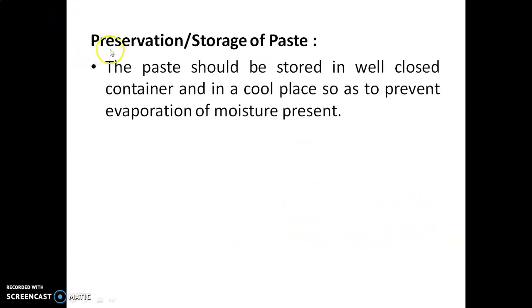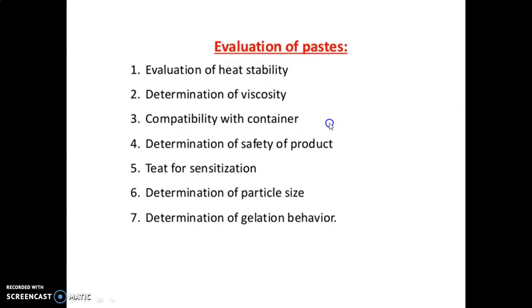Next, preservation or storage of paste. The paste should be stored in a well closed container and in a cool place so as to prevent evaporation of moisture present. Then evaluation of pastes. There are a total of 7 evaluation parameters for paste.